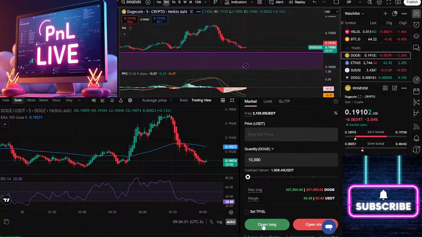Have to wait and see how this candle closes first. Looks like this might be our entry. That RSI is starting to really turn around. Yeah, it looks like the MACD is about to cross underneath.